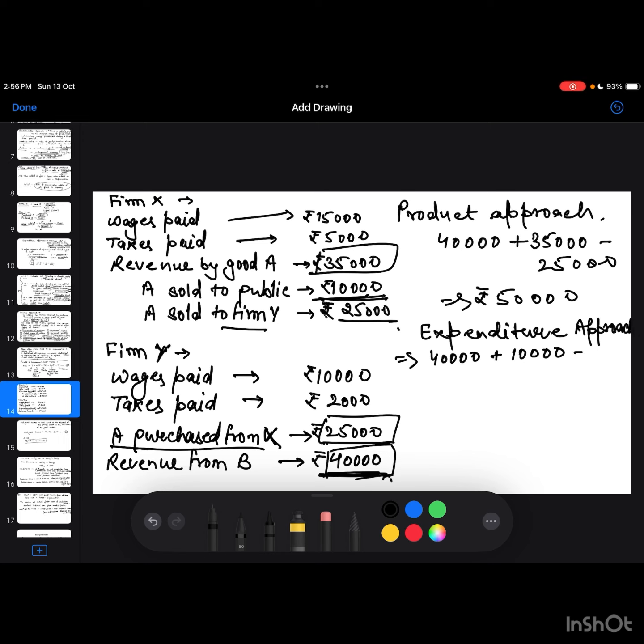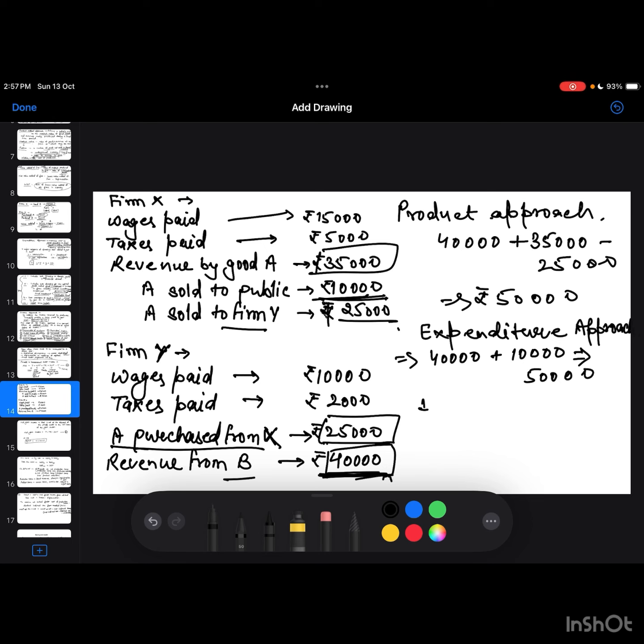This good A from the firm X that firm Y purchased is used for the production of good B, and that good B generated the revenue of 40,000. So for that reason we will not include this 25,000 in the revenue of the firm X. Now here total will be 50,000 again.